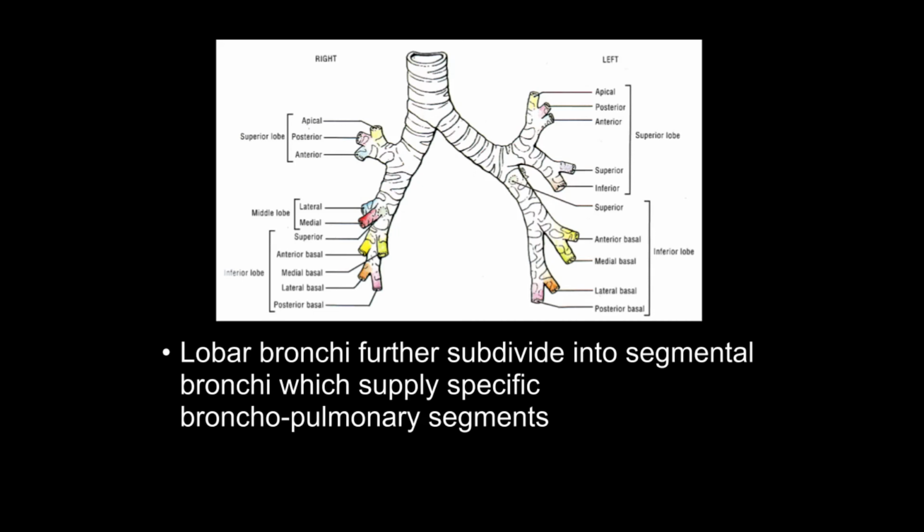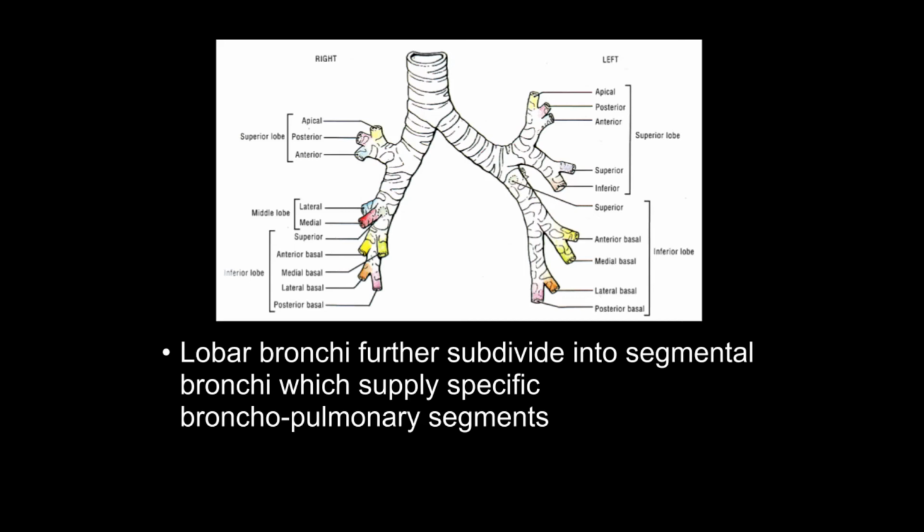So a superior and inferior segmental bronchus for the left superior lobe bronchopulmonary segments. All right. So since both lungs have an inferior lobe, both lungs will have anterior basal, medial basal, lateral basal, and posterior basal bronchopulmonary segments.